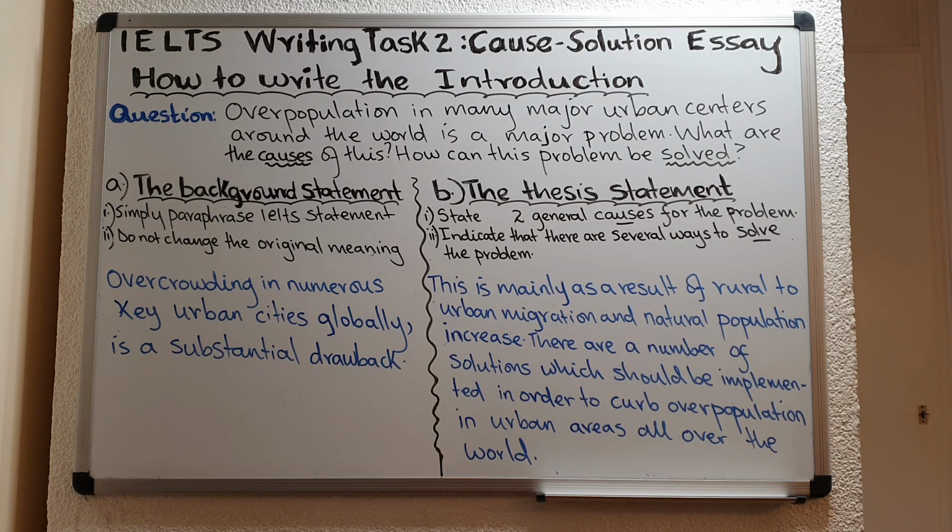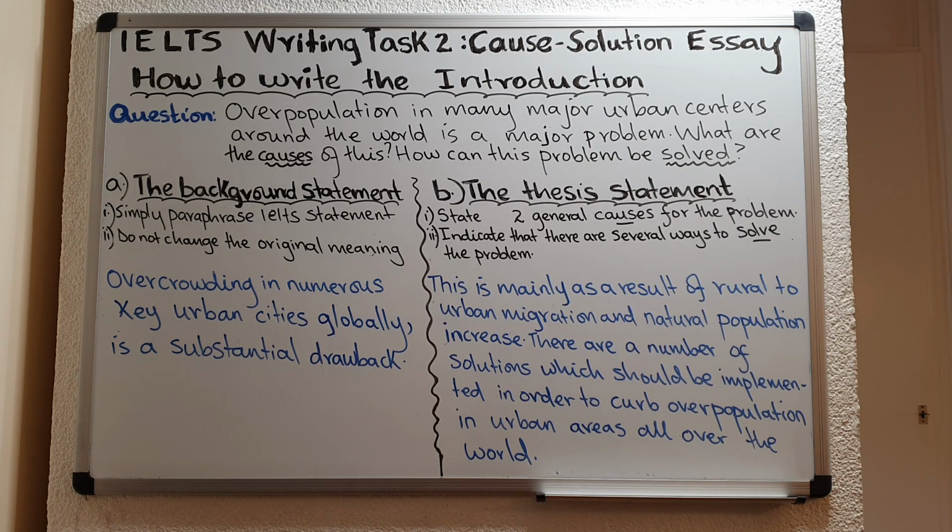So I simply repeat in the final part of my thesis statement, I repeat the first part of the question. There are a number of solutions which should be implemented to do what? In order to curb overpopulation in urban areas all over the world. Okay? So in the last part of my thesis statement, I have repeated the problem.